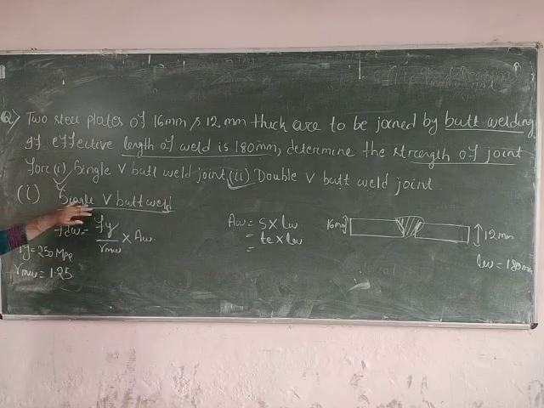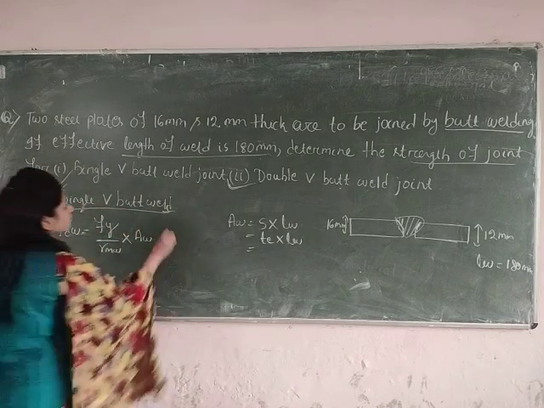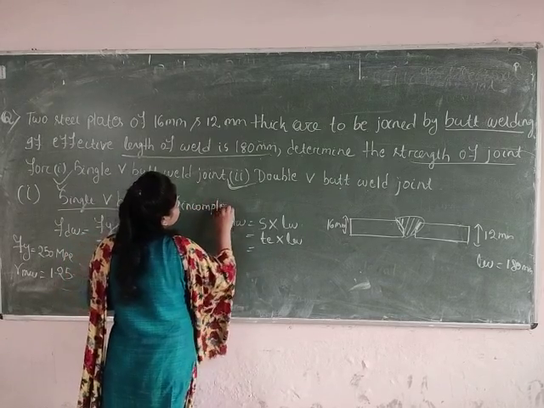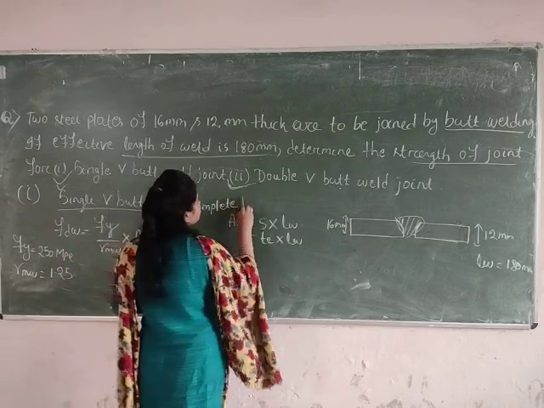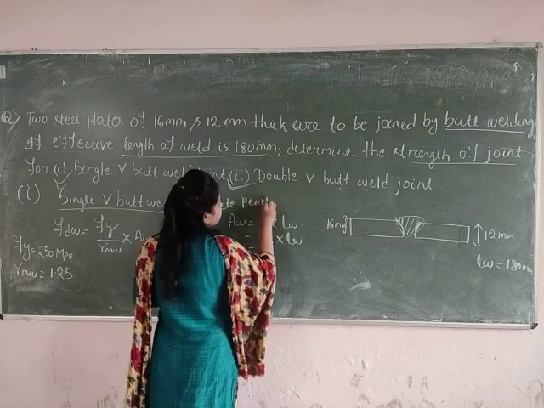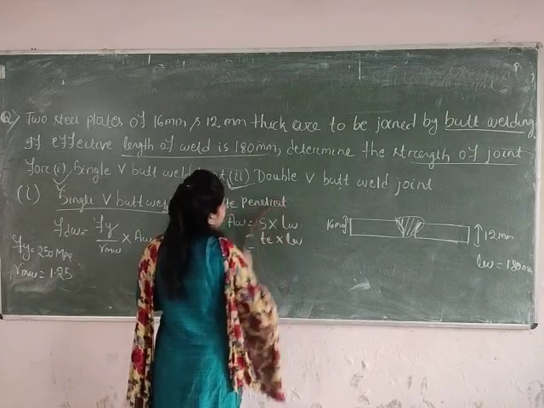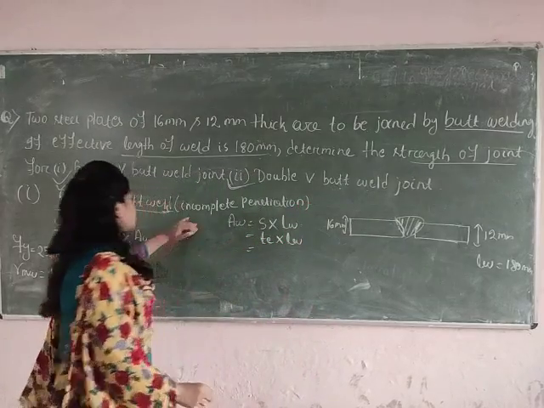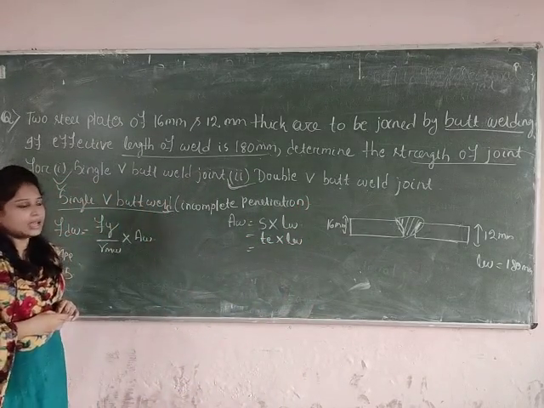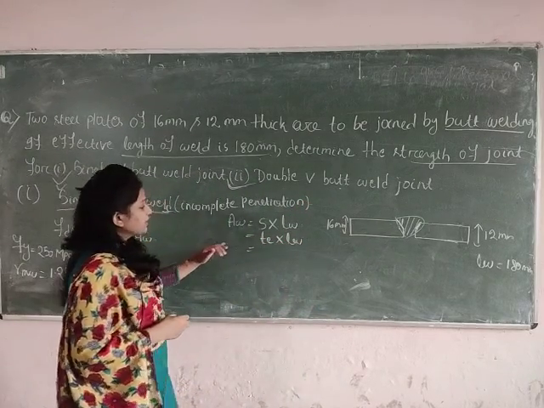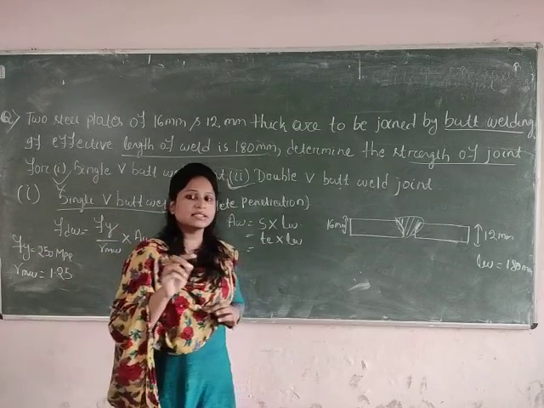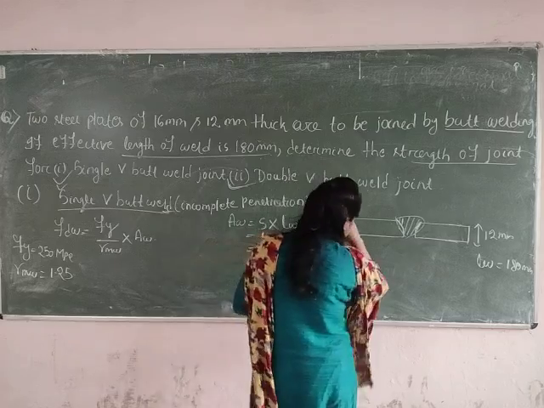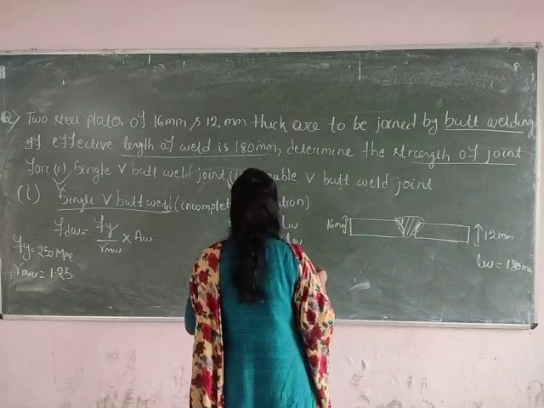This is the case of single V butt weld, that means this is incomplete penetration, as here the weld is provided only on one side. For incomplete penetration, the effective throat thickness is equal to 5/8 into the minimum thickness, the thickness of the thinner member.